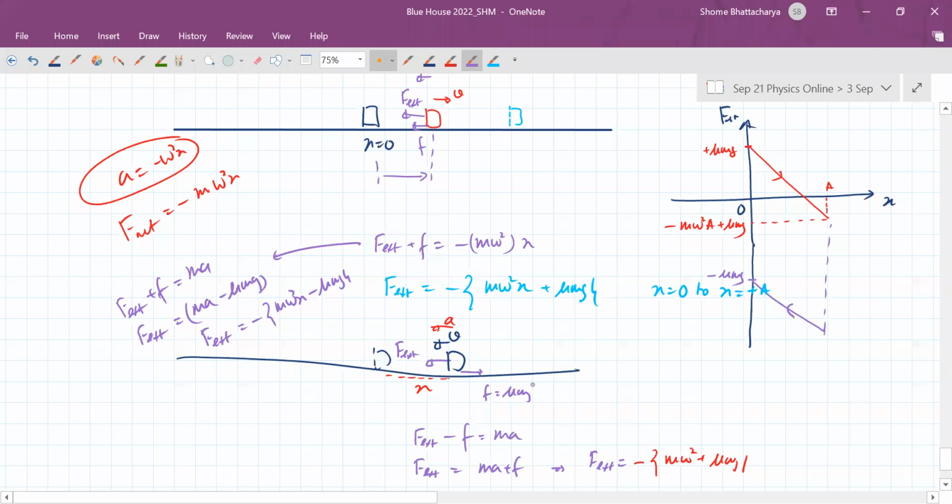And now if you just invert this graph on that side when x is negative, so now actually the graph will be what? When x is negative, F has to be in the, like when it's going this direction, F has to also be negative. So this graph will actually continue like this.